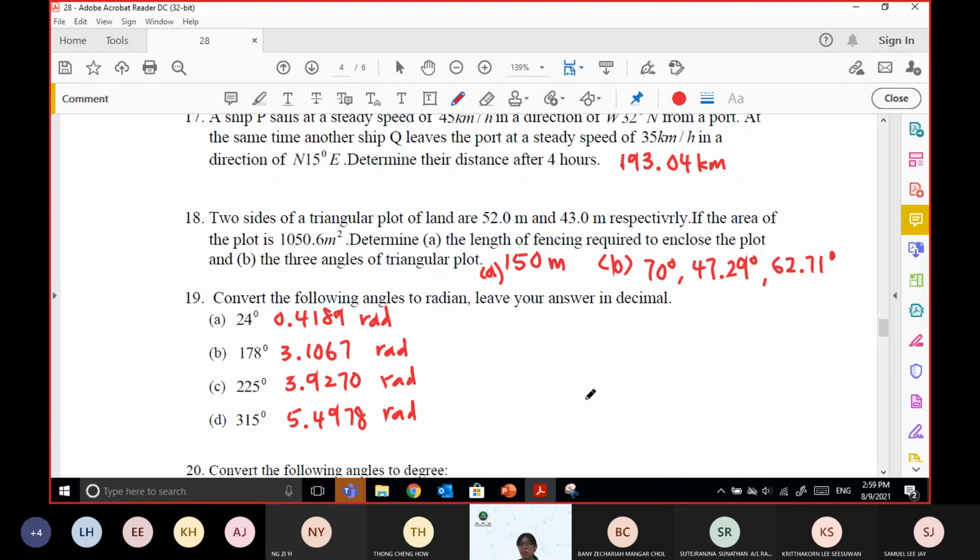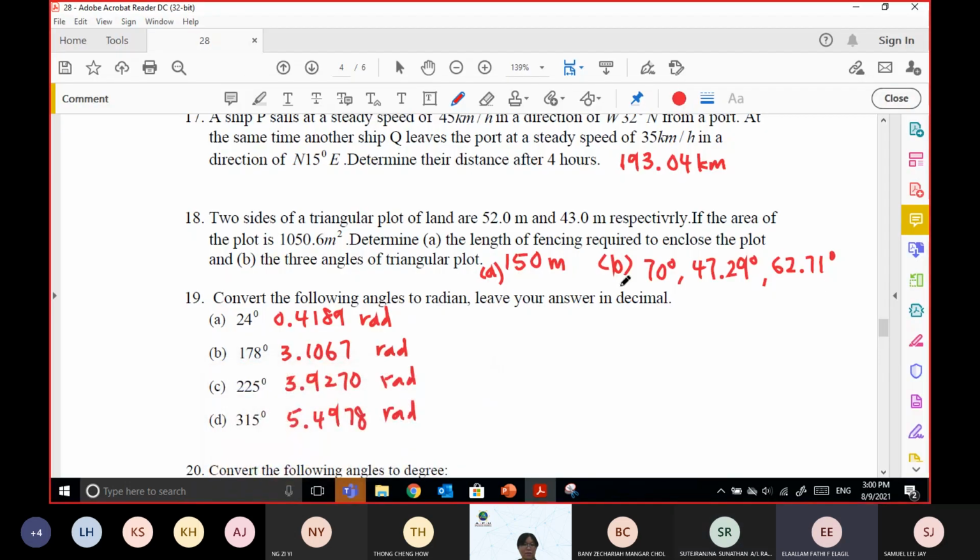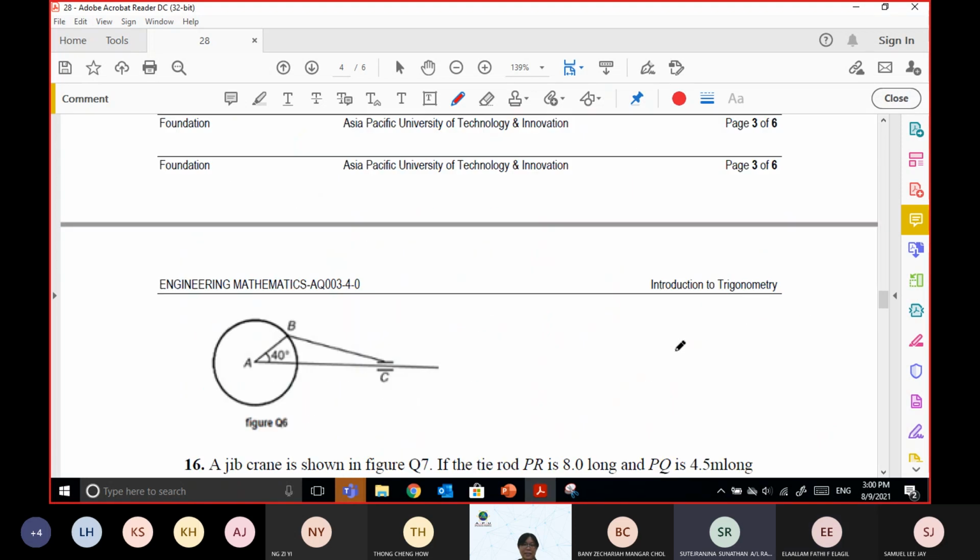Normally, when the questions don't mention anything, I correct to 2 decimal places, except when there is a requirement from the question. By the way, 18, is it done? Yes, Miss.